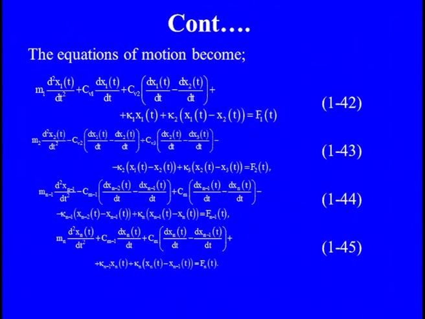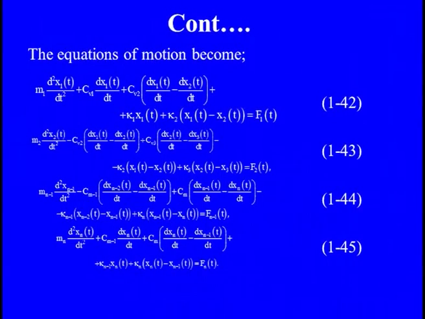And say if we want to arrange these masses along with the dampers and the stiffnesses along with their own forces, then for the first type of arrangement the equation of motion becomes: mass m1 into d2x1(t) over dt square, plus c1 dx1(t) over dt, plus the damping in between, that means we have C2 coming in between, acting on dx1(t) by dt minus dx2(t) by dt.